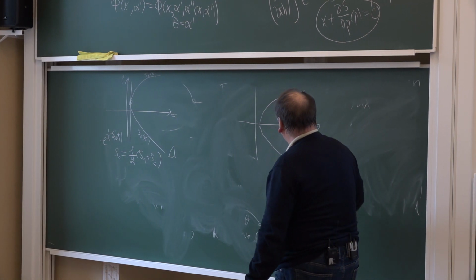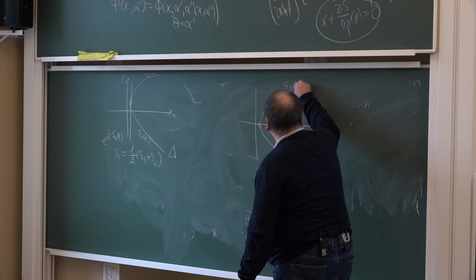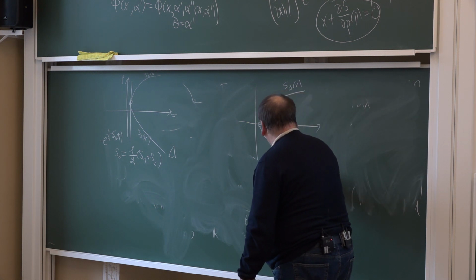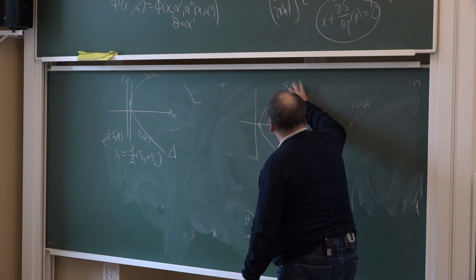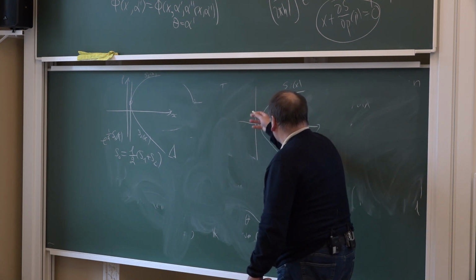So, here we have some function S1 of x, minus S of x and minus S of x. Here it is 0.